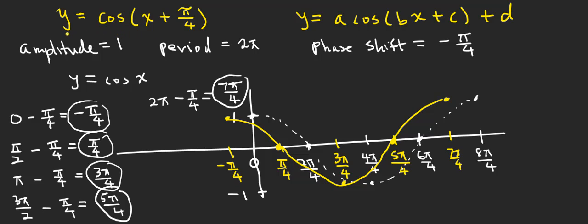Whenever you want to show the graph of y equals cosine of x plus pi over 4, you need to show me how you got the new values, and show me the graph of the draft and the final graph.